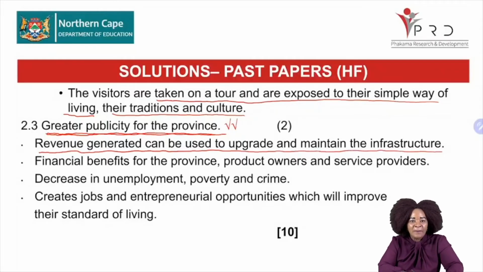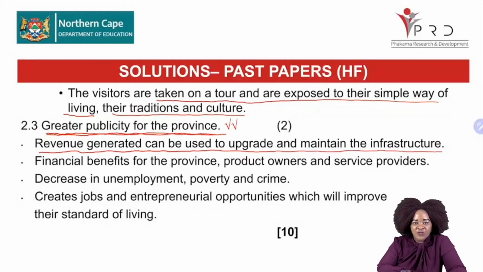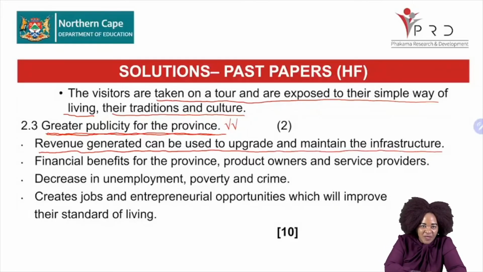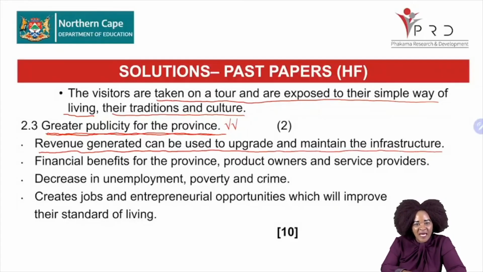What are we talking about now when we're talking about the revenue that is generated? Remember, since the Northern Cape has these 2 World Heritage Sites, tourists will not only go to these 2 World Heritage Sites, but tourists will use the other businesses, your restaurants, your accommodation establishments. There are filling stations there, guys.